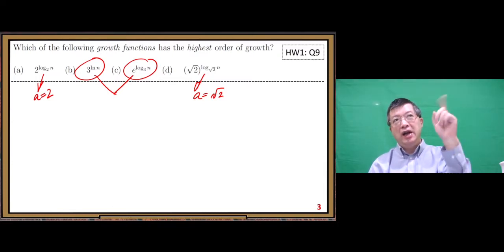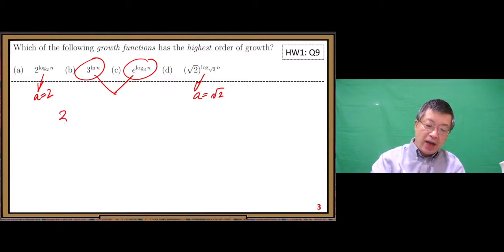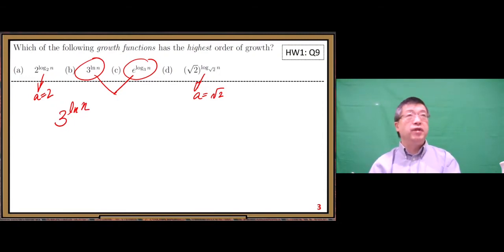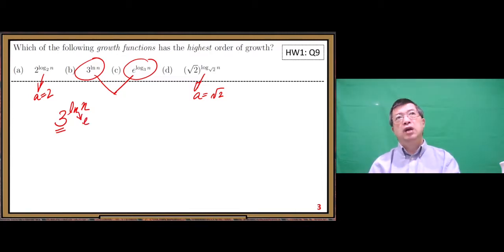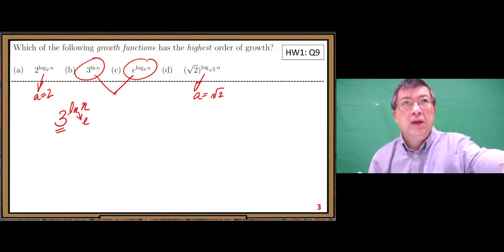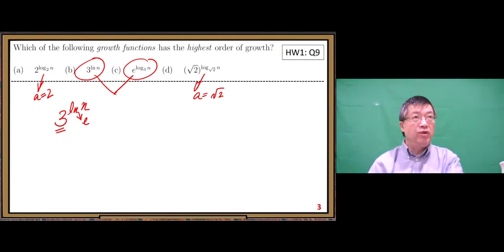Here, I'd like to show you how to get an idea on this number. Because the base is different. Here, the base is 3 and the log base is e. So in that case, we cannot apply the previous formula we just learned.